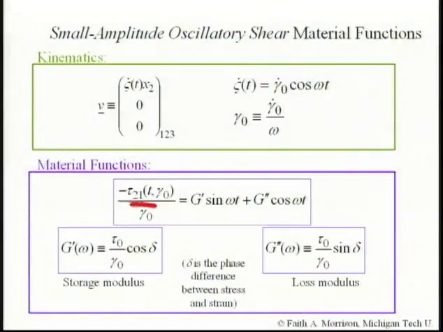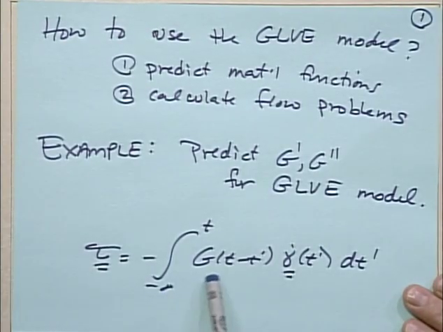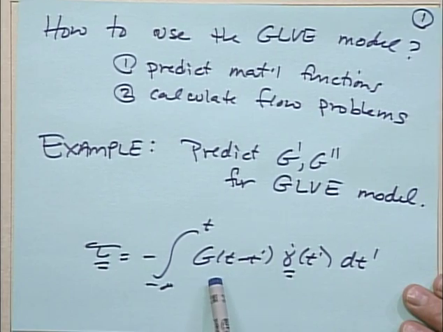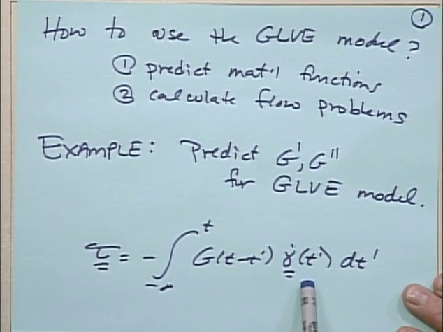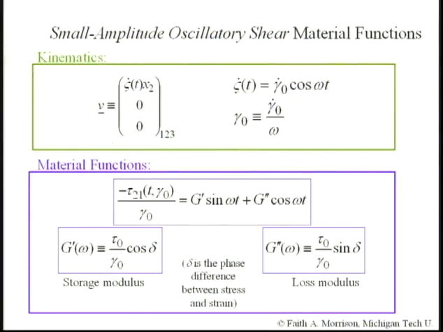Here's the stress we're looking for, tau 21. So we need to predict tau 21, and we're going to predict it from this constitutive equation. And G is a parameter of the model, so that can appear in our answer. Gamma dot is what we need from our specific equation here. And here we have V, which we can relate to gamma dot. So that's been our standard procedure all along whenever we predict a material function.